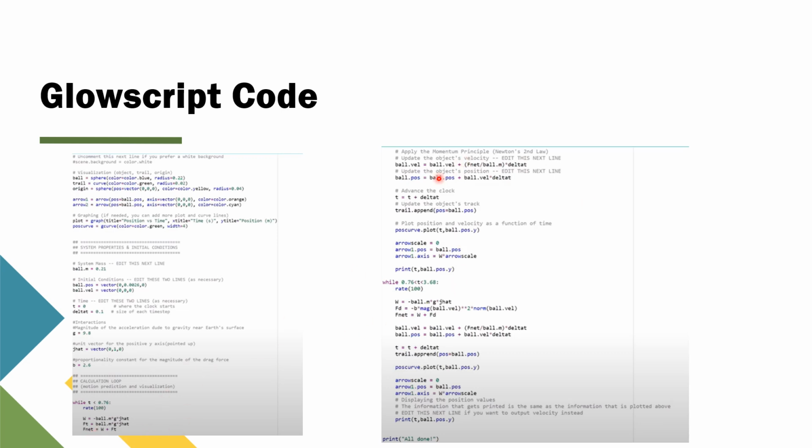Here we have the ball velocity equals the ball velocity plus F net over m times delta t. The ball position is equal to the ball position plus the ball velocity times the change in time. Then over here we have the second time interval, where F net is the weight plus Fd, and Fd is the force of drag: negative b times the magnitude of the ball velocity squared times the unit vector of the ball velocity.